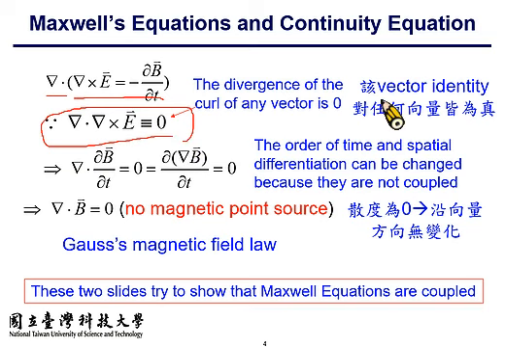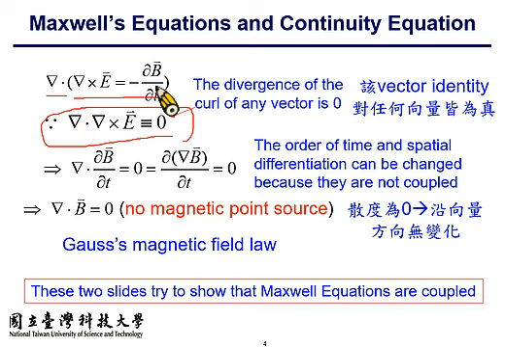It's true for any vectors. If you take the curl of a vector first, then take the divergence, the divergence of the curl of any vector must equal 0.